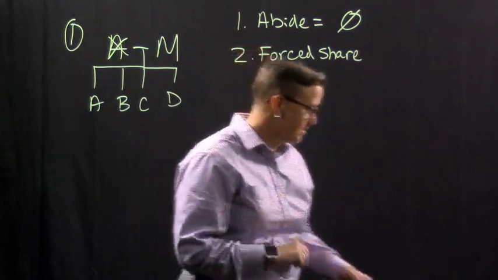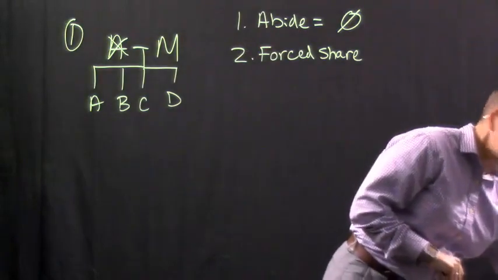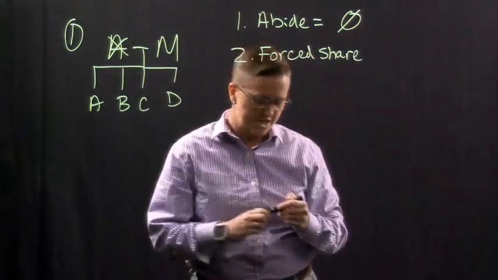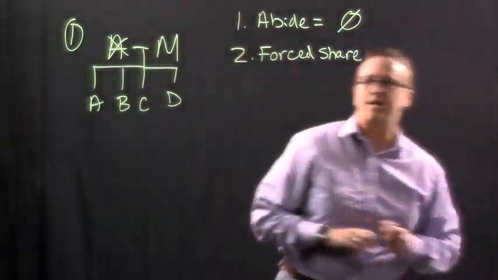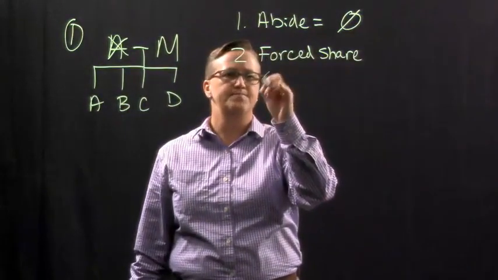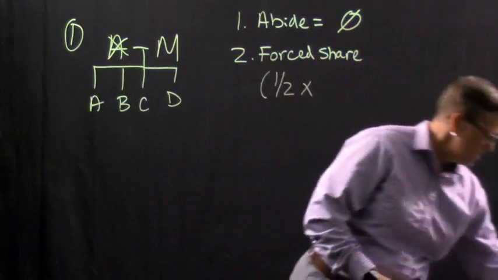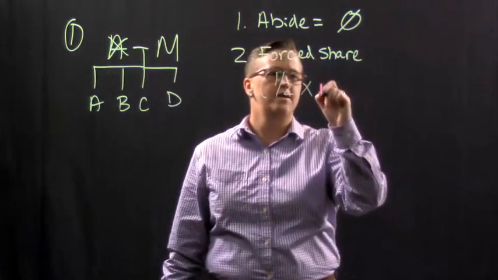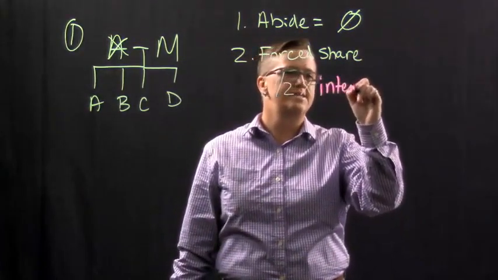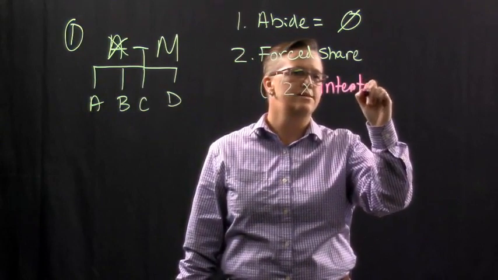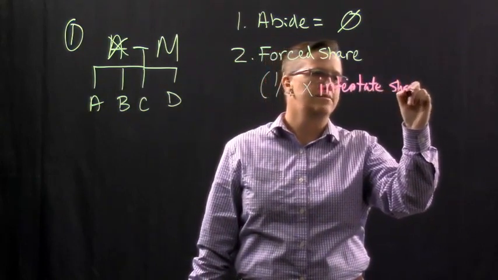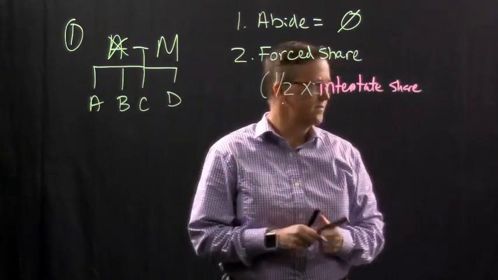Okay, so let's do some color coding. First things first, the forced share formula. Actually, I'll do that in white. The forced share formula is 1/2 times, we'll do this in pink, Mandy's intestate share. Okay?